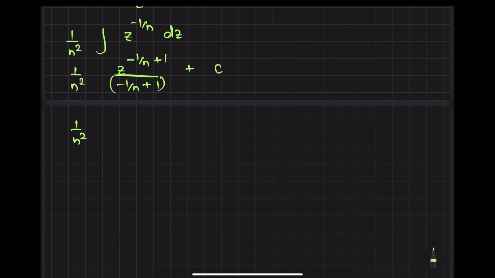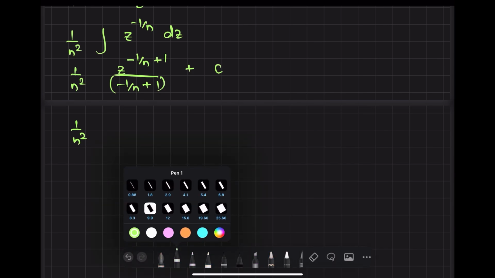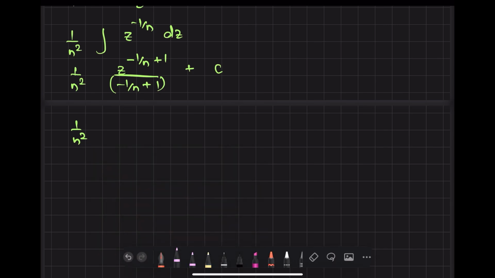What will happen to the denominator? It will become n minus 1 by n. That n will go on the numerator. I'll change the color so that you can understand. First I wrote the constant component, then I'm writing this denominator. I'll simplify that one. So it is n minus 1 by n, so by n will go to the numerator.